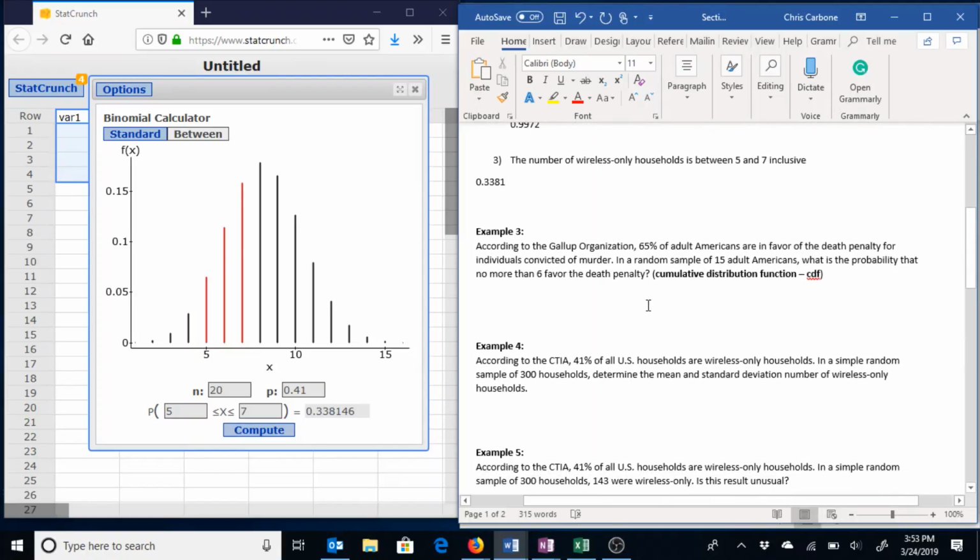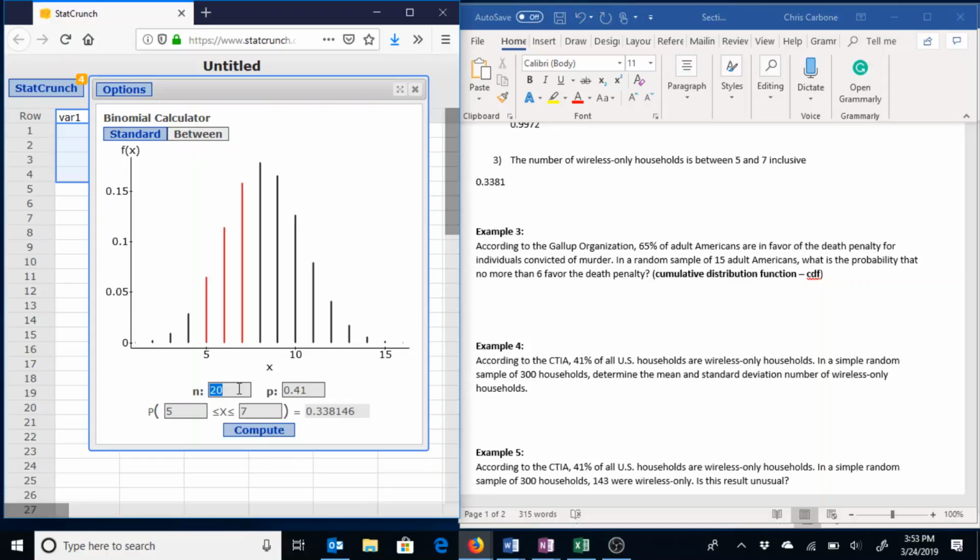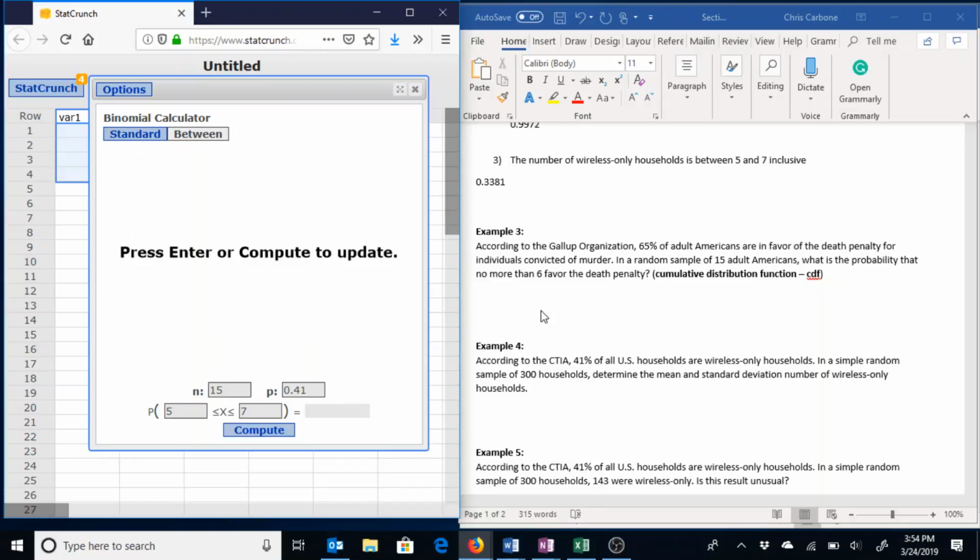For example number 3, I have 65% of adult Americans favor the death penalty, sample of 15. We want no more than 6 favoring. So we're changing this sample size here to be 15 from the problem. The 65%, or 0.65, will be that success rate.